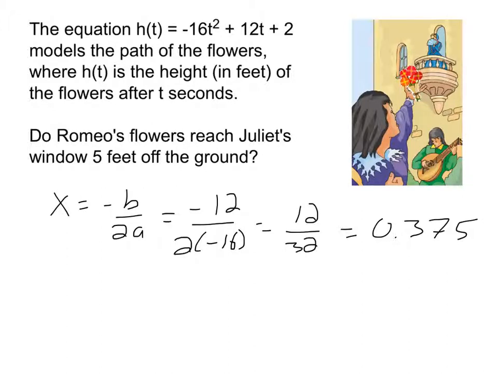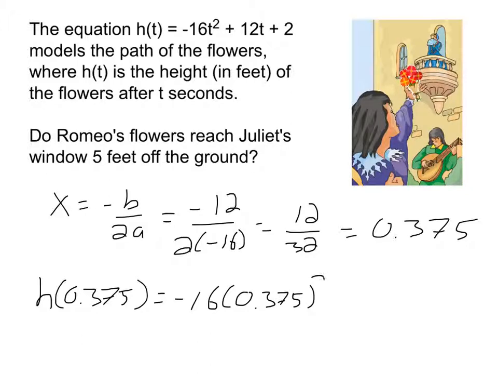Now, to figure out what the height is at that peak, we're going to say, what is h of 0.375? And a lot of this is calculator heavy. You're just plugging in. Every time you have a t, we replace it with 0.375. And you can just use a calculator to figure out what each of these pieces is.